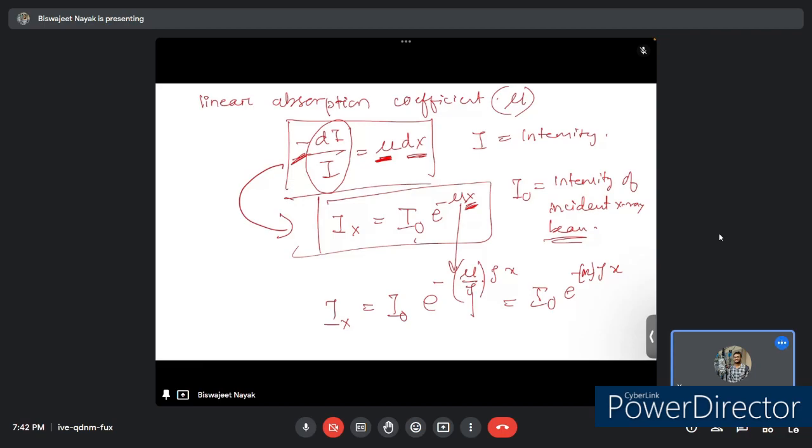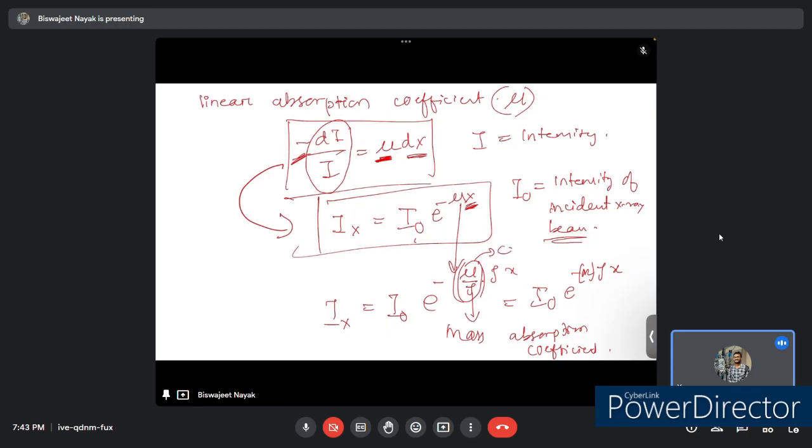So this ratio is called the mass absorption coefficient. As the linear absorption coefficient is proportional to density, this mu by rho is a constant of the material and independent of physical state.